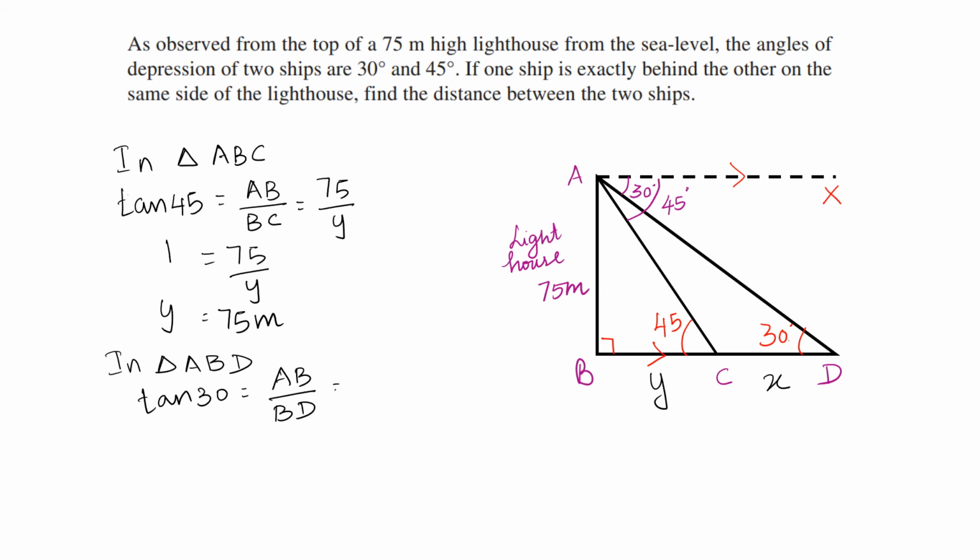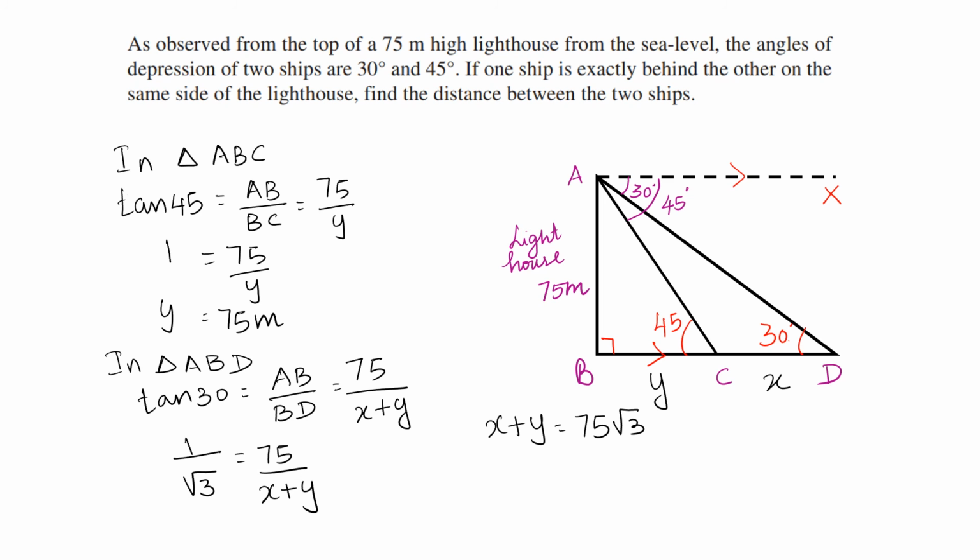What is AB? 75 by BD, which is X plus Y. And you know what is tan 30? 1 by root 3 equal to 75 by X plus Y. And cross multiply this, you will get X plus Y equal to 75 root 3.